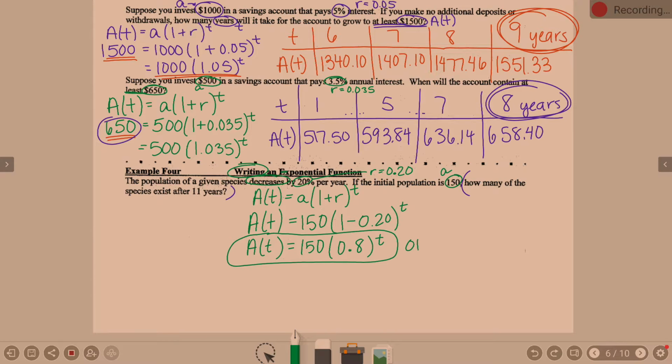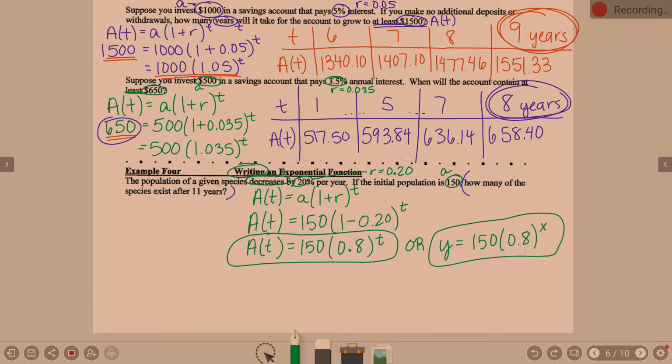Now, this is one way to write it. The other option is, instead of using t and A of t, we could use x and y. And so you might also see it written as y equals 150 times 0.8 raised to the power of x.